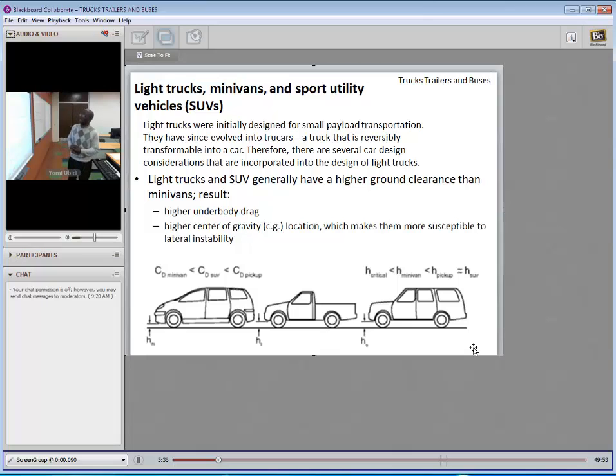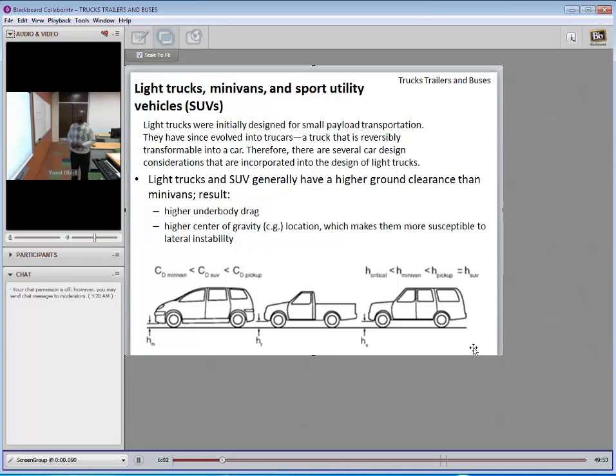There are several car design considerations, hence, that are incorporated into the design of light trucks because they've come to be used often as essentially, functionally at least, cars also.